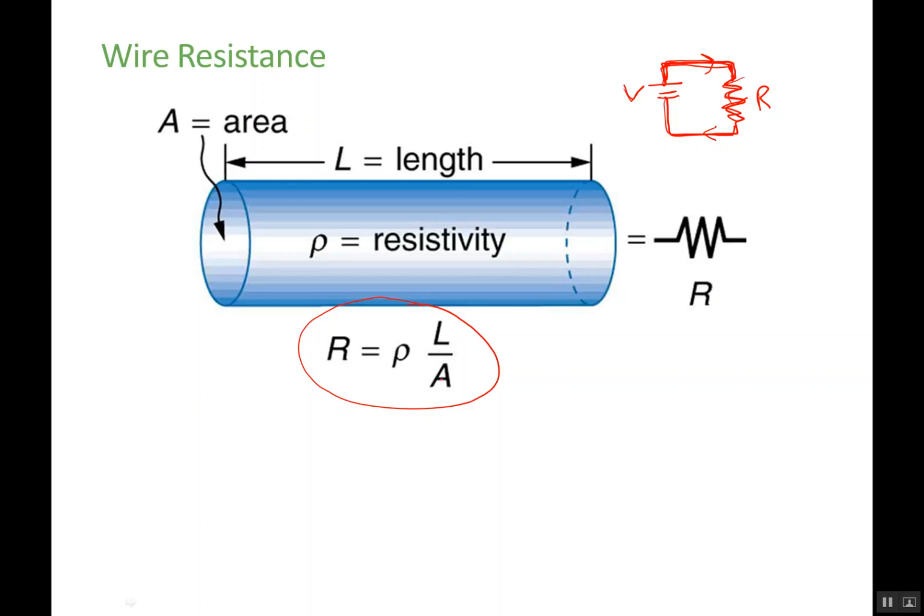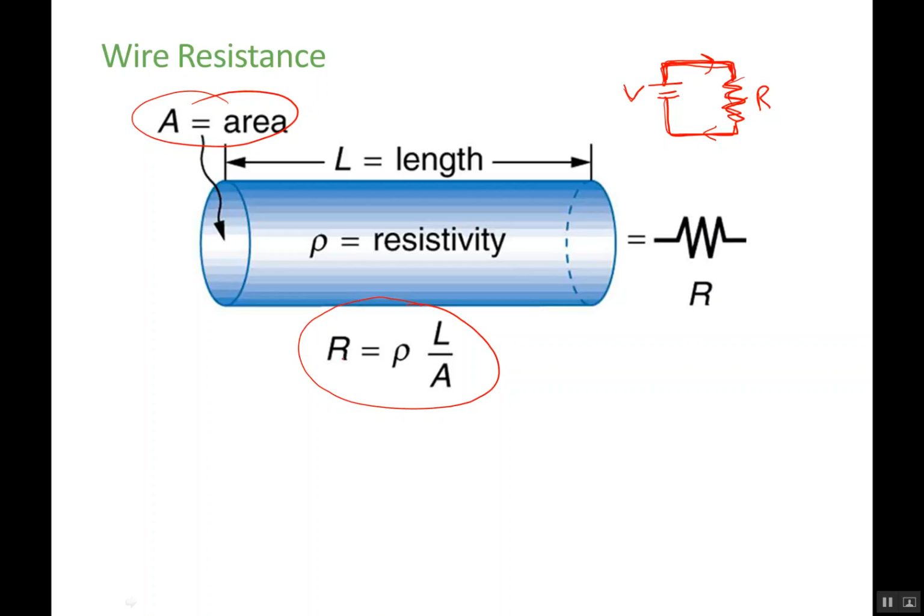On the other hand, the resistance is inversely proportional to the cross-sectional area of the wire. This should make sense as well: as the cross-section of the wire gets bigger, the resistance to the flow of electricity gets smaller.